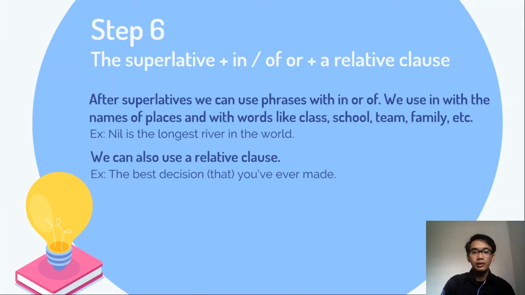So the name of a place in this sentence is the Nile, followed by is the longest river in the world. We can also use a relative clause. Example, the best decision that you have ever made. Where is the relative clause? The relative clause is this: that you have ever made.